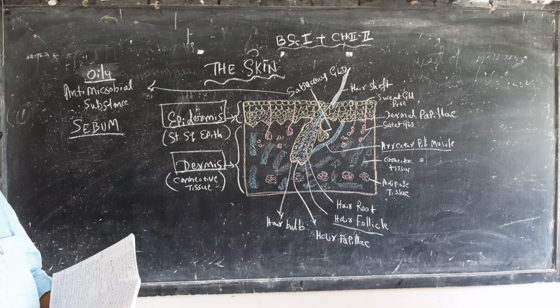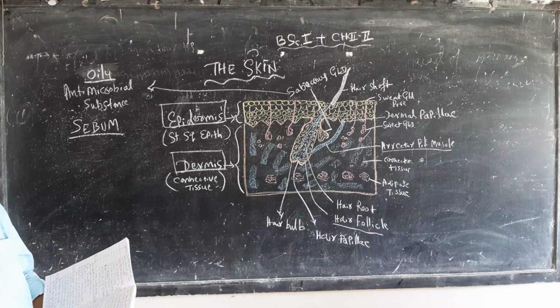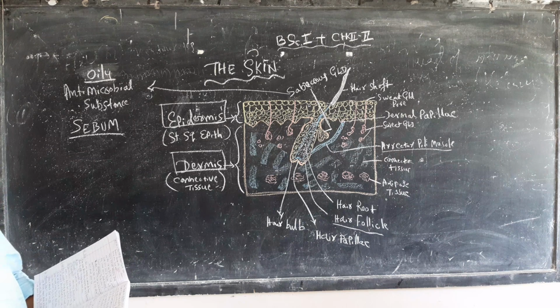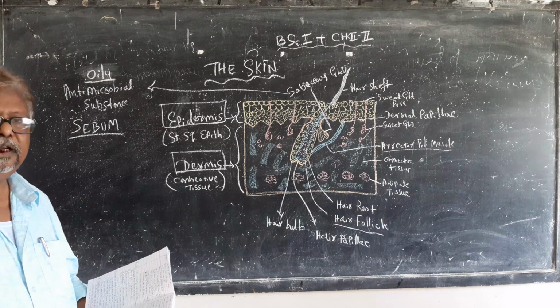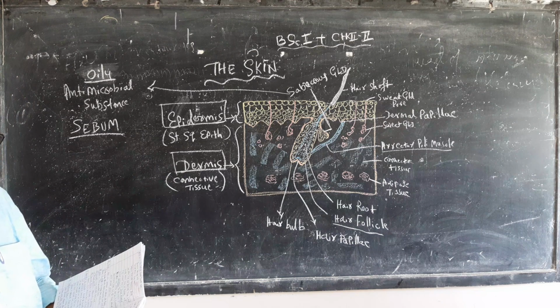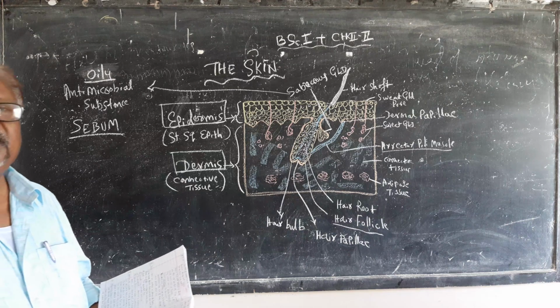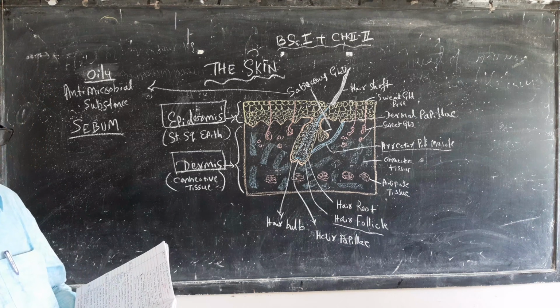Second one, it prevents drying of the skin and cracking. Drying of the skin and cracking of the skin is prevented by this oily antimicrobial substance called sebum. It makes the skin resistant to moisture. It also gives a shiny appearance to the hair.